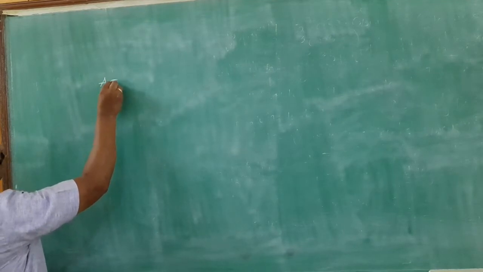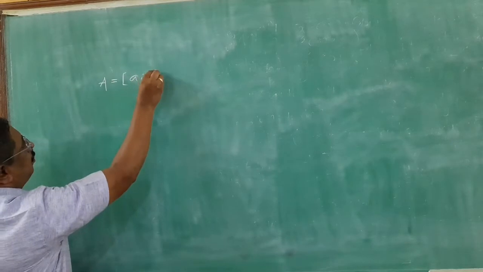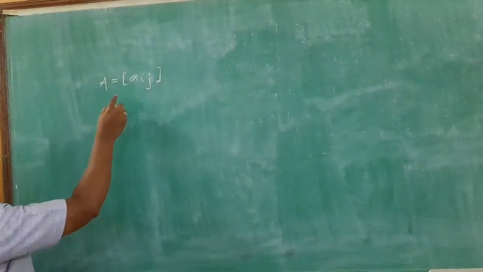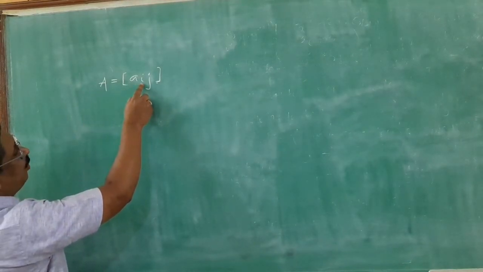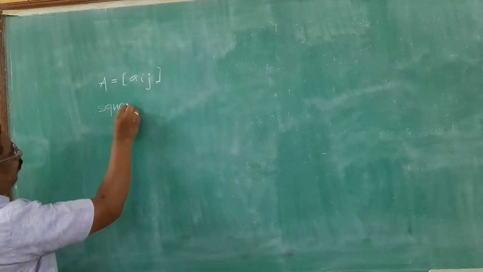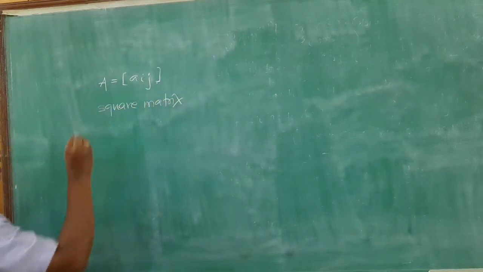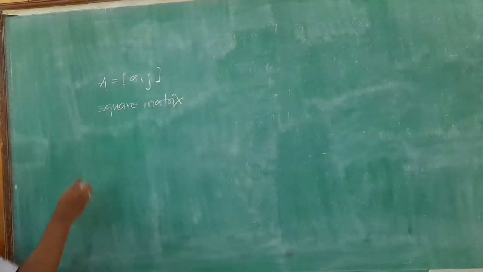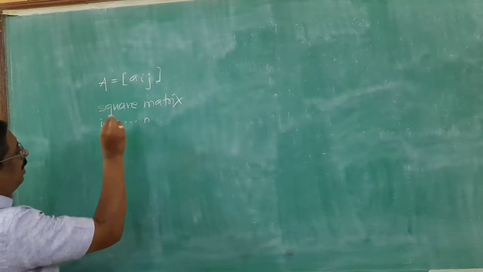Suppose A is a matrix Aij. What does that Aij mean? Aij means it is the matrix with elements related with i rows and j columns. Since it is a square matrix, it has equal number of rows and columns, so i will run from 1 to n.